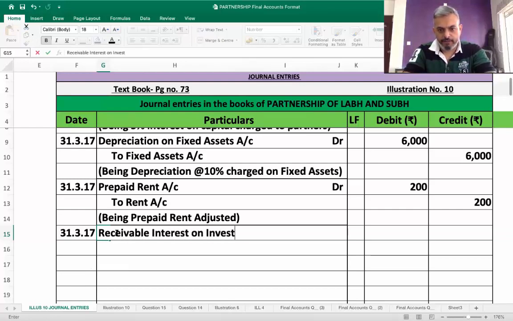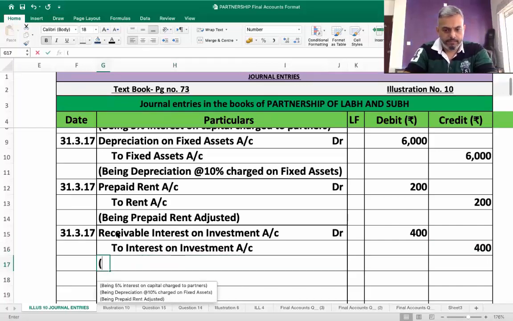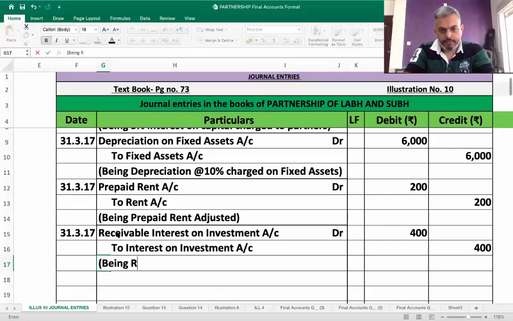Interest on investment account debit 400 to interest on investment account 400. Being receivable interest on investment adjusted.